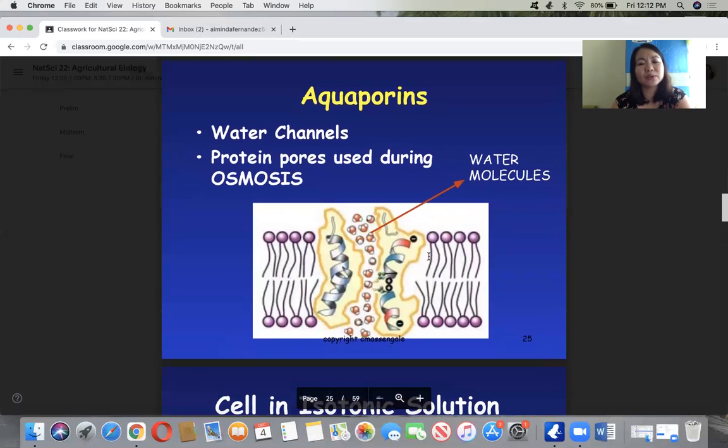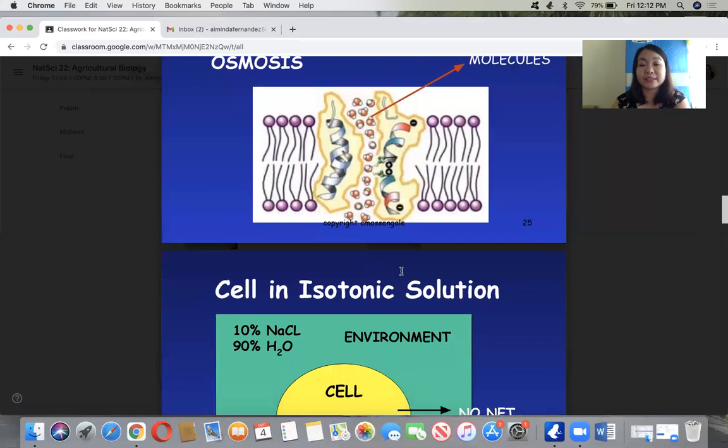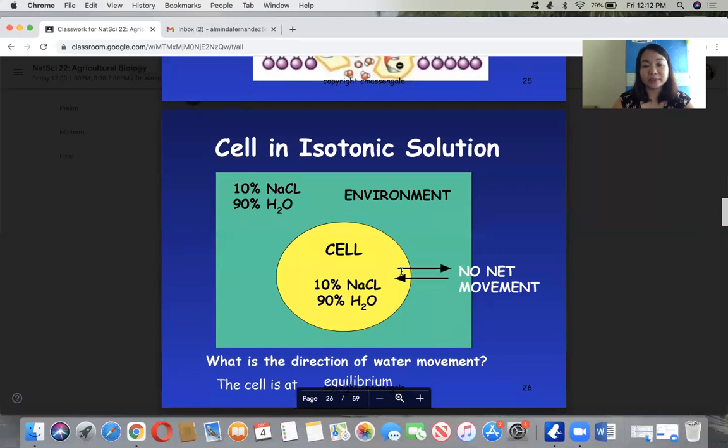So we have these so-called aquaporins. These are water channels, protein pores used during osmosis. So these are water molecules, and these are the so-called aquaporins in a model.